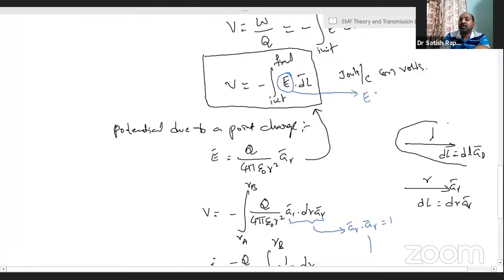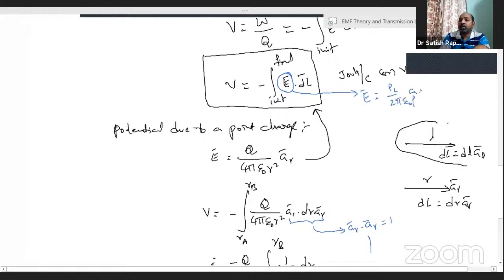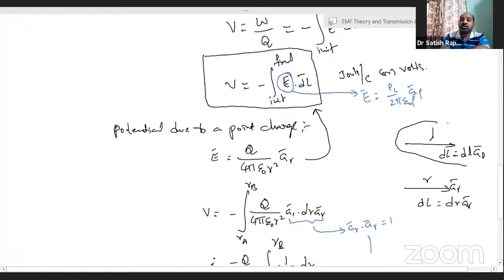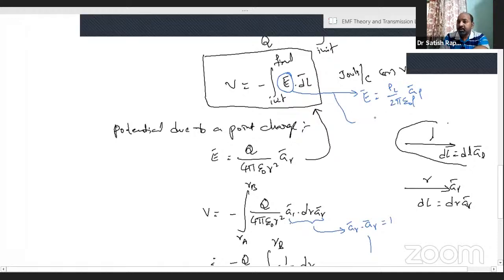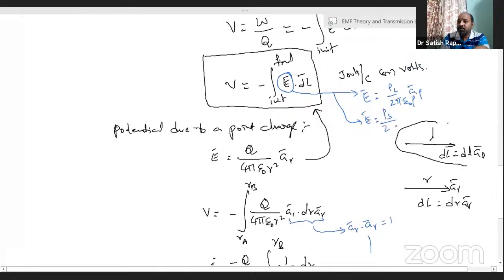If you substitute E bar is equal to rho L by 2 pi epsilon naught rho a rho bar, you'll get potential due to line charge. If you substitute E bar is equal to rho S by 2 epsilon naught a n bar, then you'll get potential due to surface charge. So this is how we can determine potential.